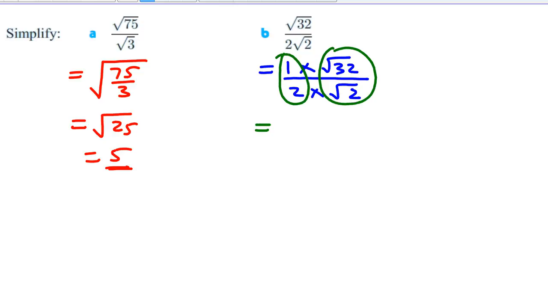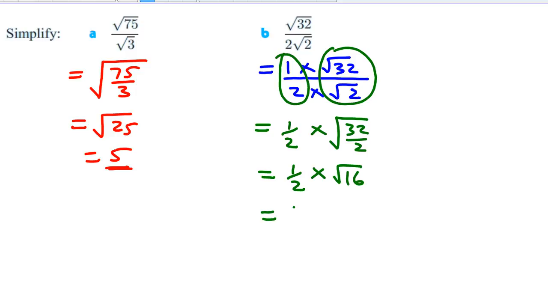So I'll end up with a half multiplied by square root of 32 over 2, which will give me a half of, now square root of 32 divided by 2 will give me 16, so square root of 16. So this is the same as a half multiplied by square root of 16 is 4, and a half of 4 is 2, and that will be my answer.